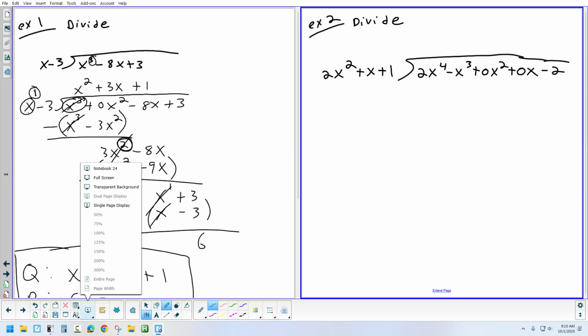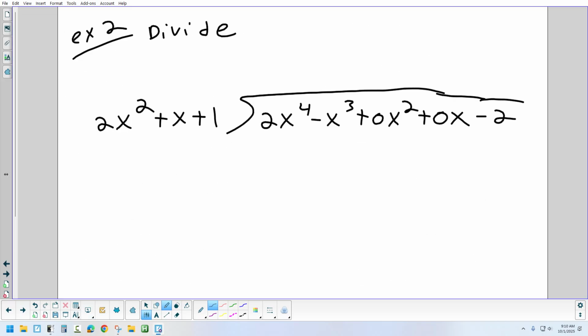Okay. So let's try this one. Are there any terms missing in the inside that I need to write down? You good, Marcelo? No. Nope, they already did them for us. So we got everything lined up, so that's good. So first thing we're going to do is 2x to the 4th divided by 2x squared.